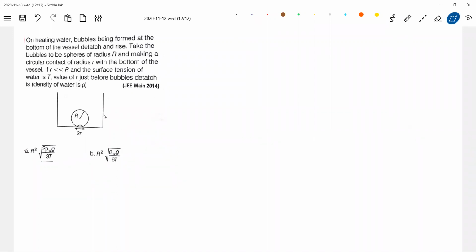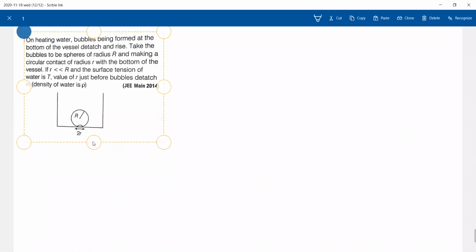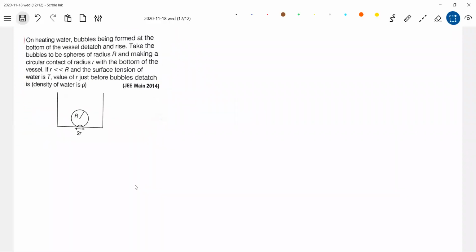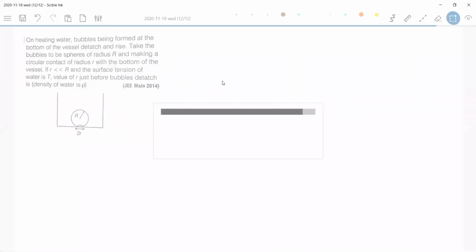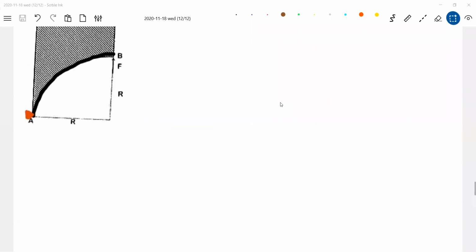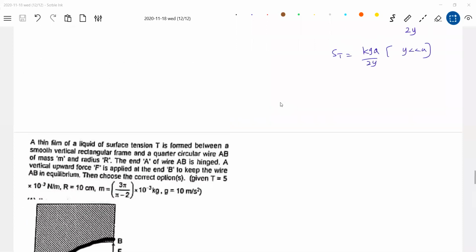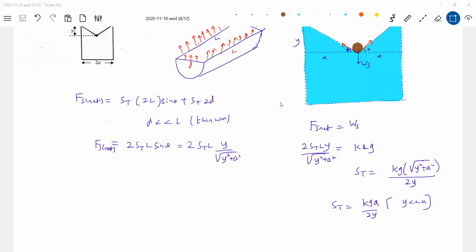Read the question. Okay, that is weight per unit length. Weight per unit length into length, what do you get?